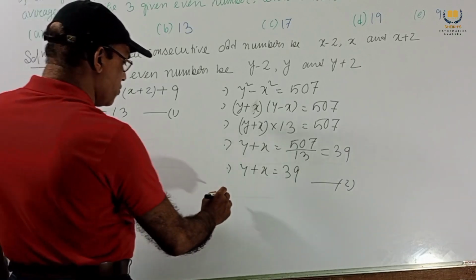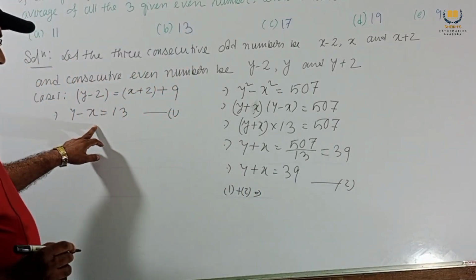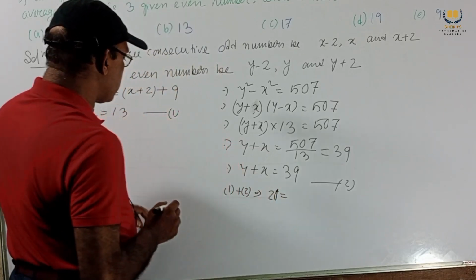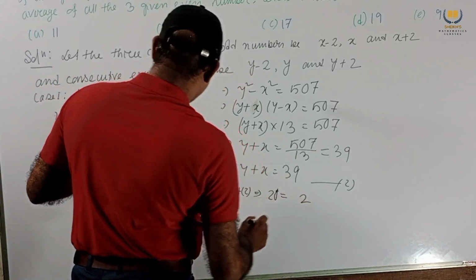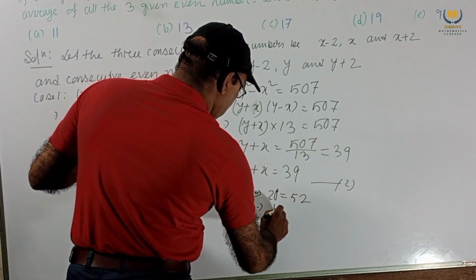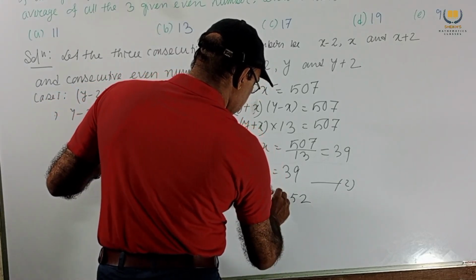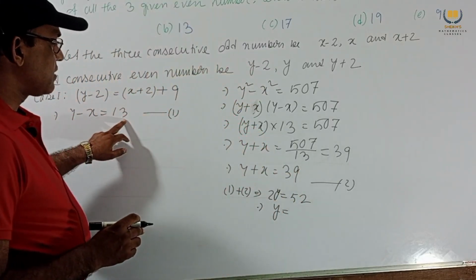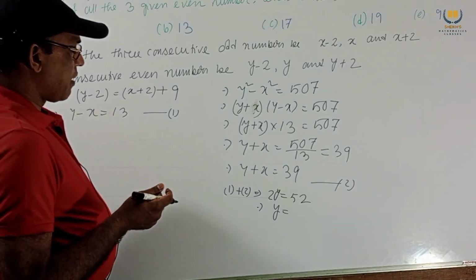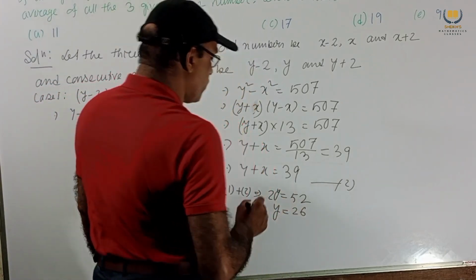If we add these two equations, 1 plus 2, then x cancels and 2y equals 52. Then y equals 52 by 2, which is 26.